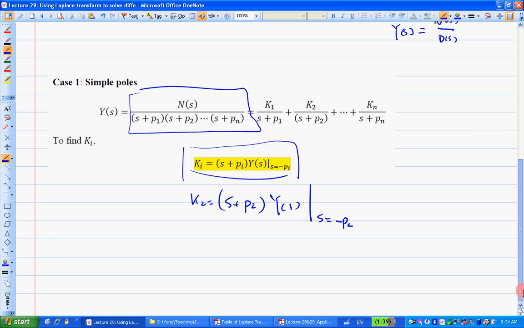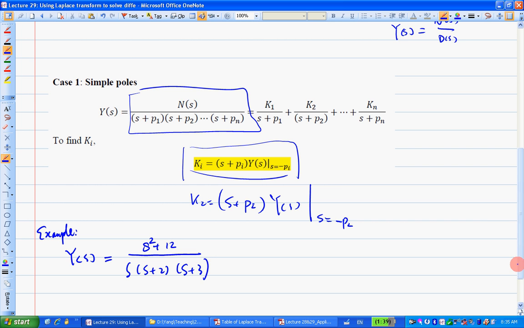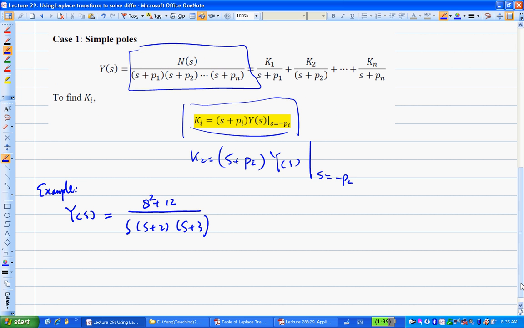So let's suppose I have a differential equation, and after this conversion, I end up with my Y of s, which is, let's say, (s squared plus 12) over s(s plus 2)(s plus 3), for example. So this is Y of s. And apparently, this Y of s is case number 1, simple poles.